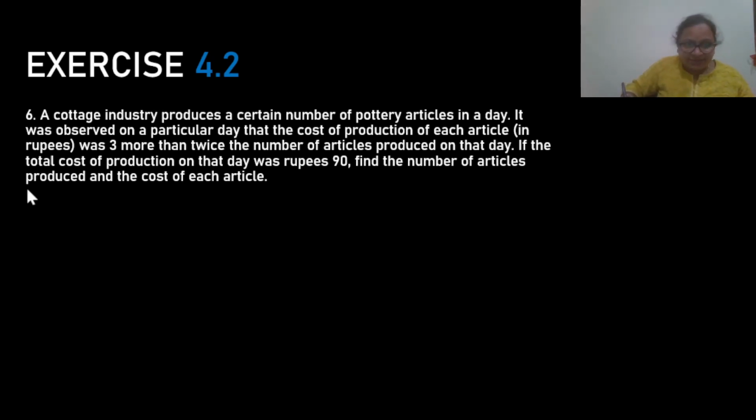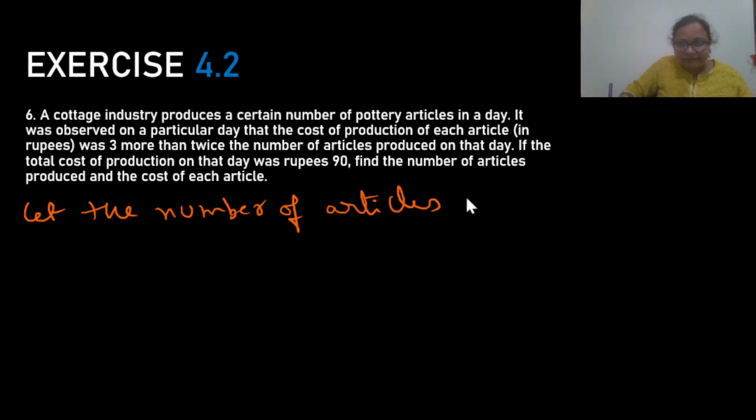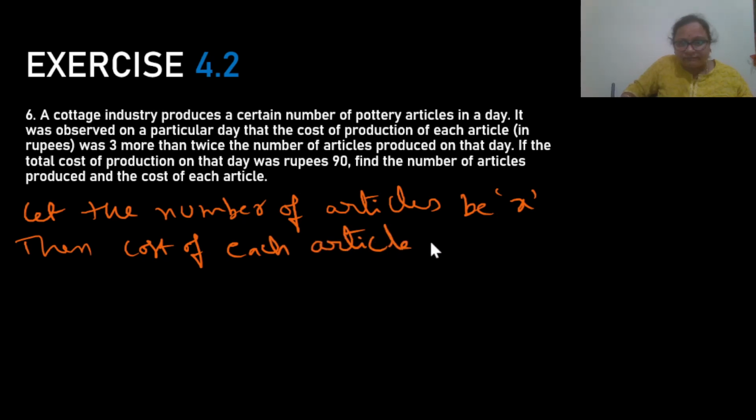So, let the number of articles be x. Then, cost of each article is equal to 3 more than twice the number of articles.